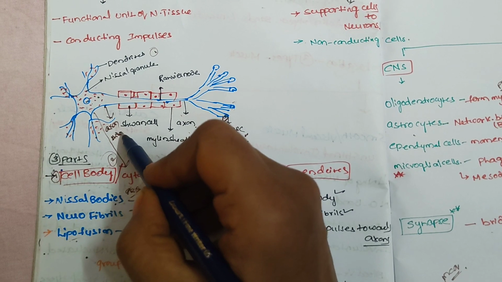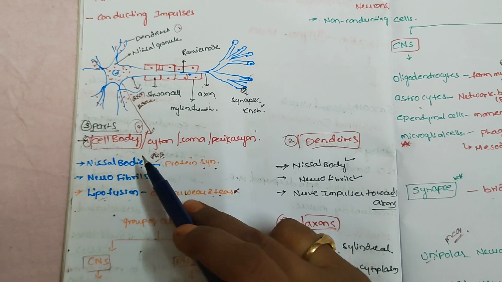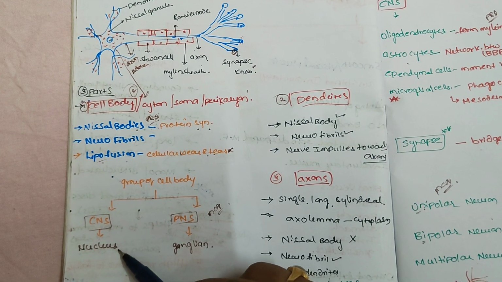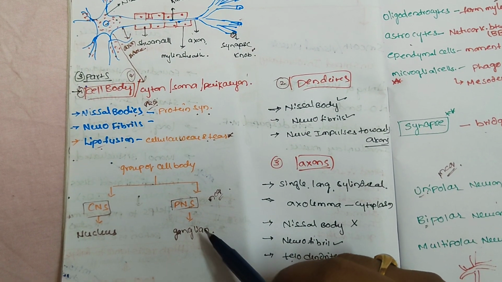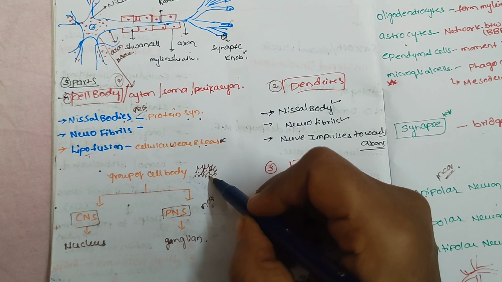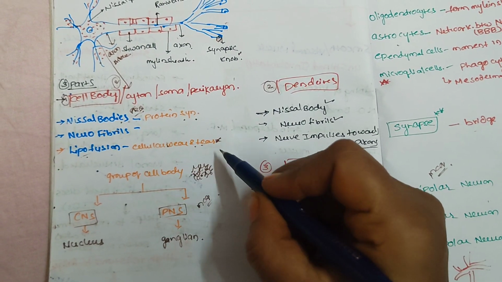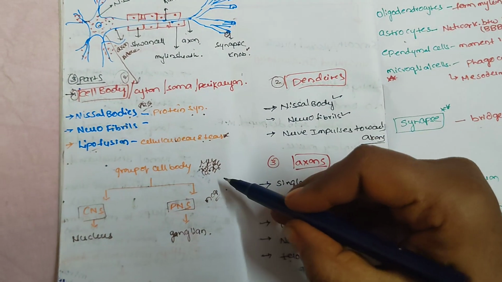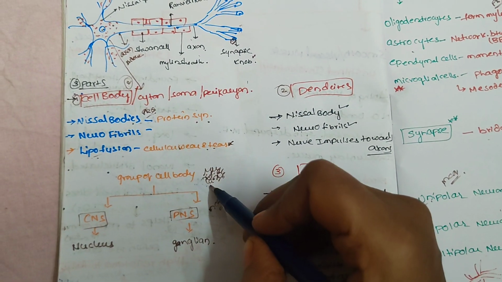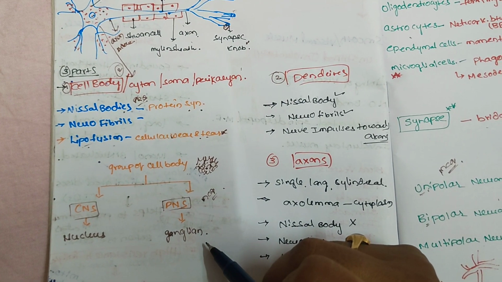One more thing: a group of cell bodies is called a nucleus in the CNS, and in the PNS a ganglion. Different neuron cell bodies collect like a flower bunch. If we take a flower bouquet, the total flowers are the group of cell bodies, and the total extensions of the flowers are the group of axons. So a group of cell bodies in the CNS is called a nucleus, and in the PNS it is called a ganglion.